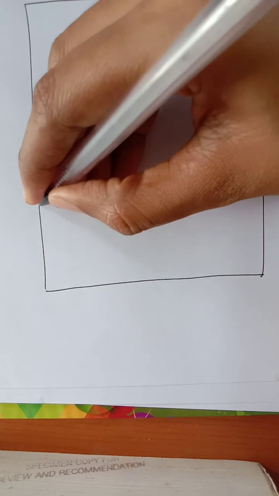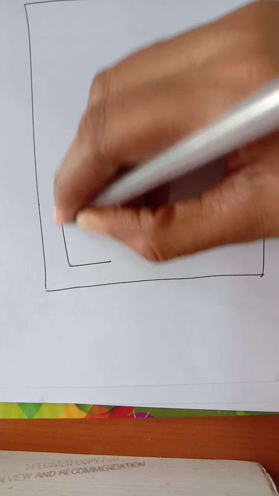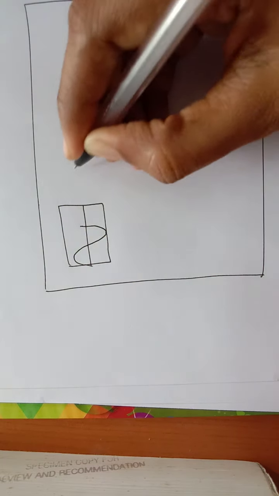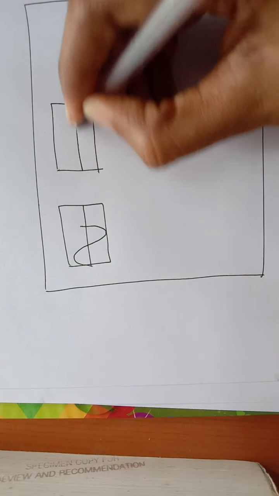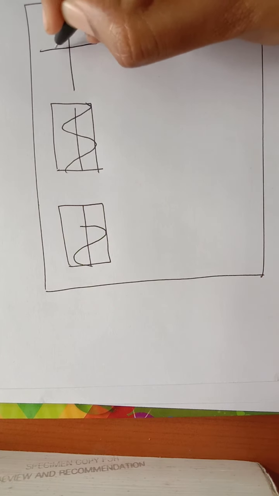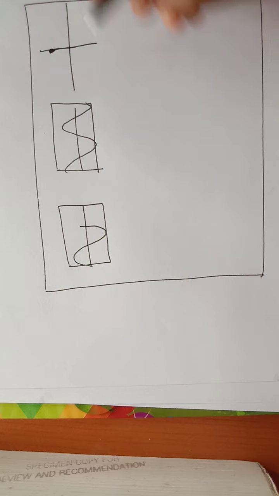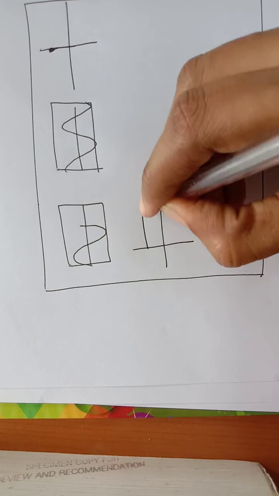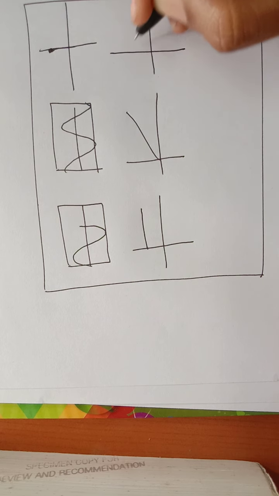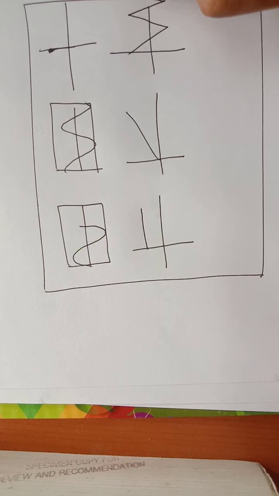What is the meaning of this? First I need to get a sine waveform like this. Next a cosine waveform. Next an impulse function. Next a step. Then a ramp. Then a triangular waveform.